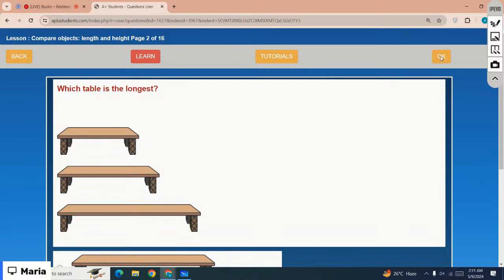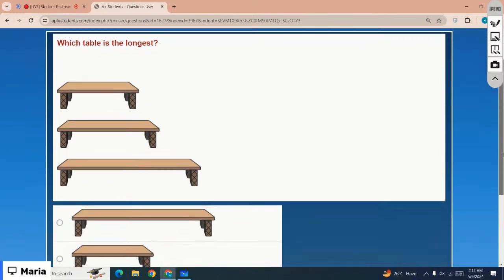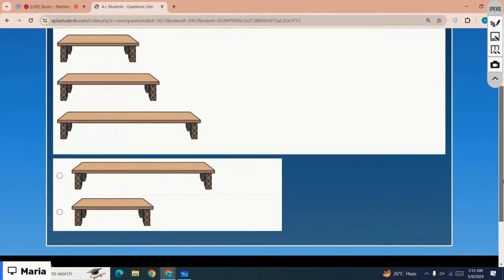Which table is the longest? You can just write down the option number, right? Either 1 or 2. Option 1 or option 2?